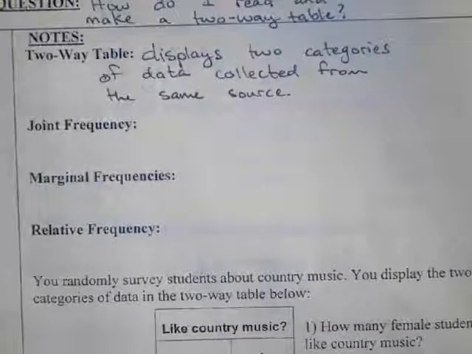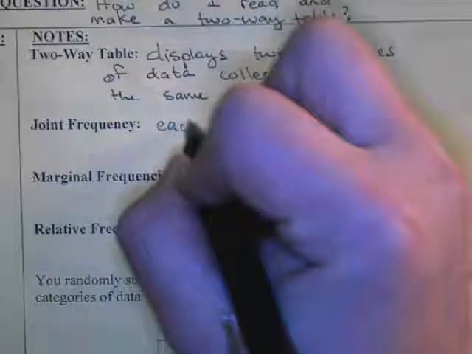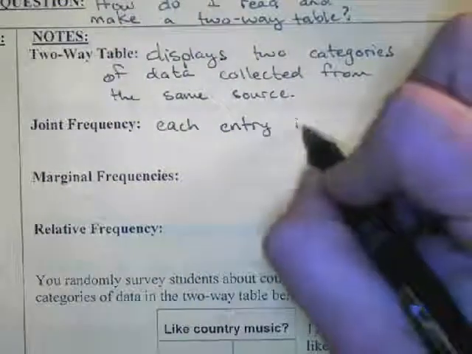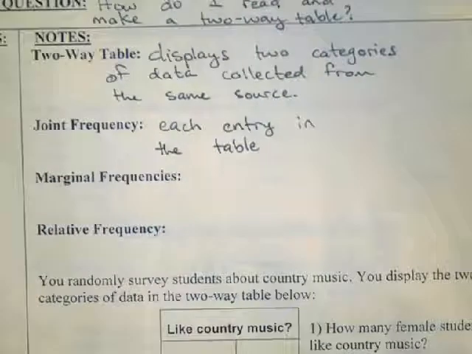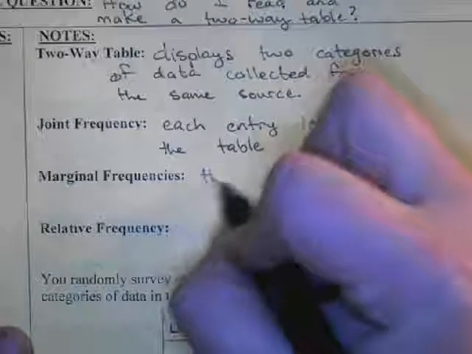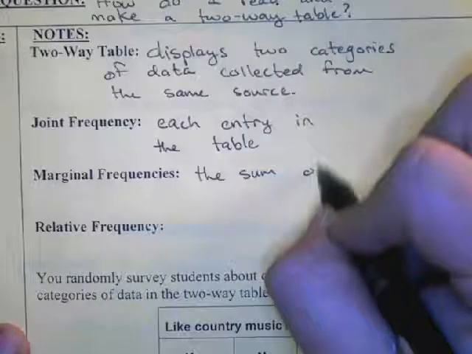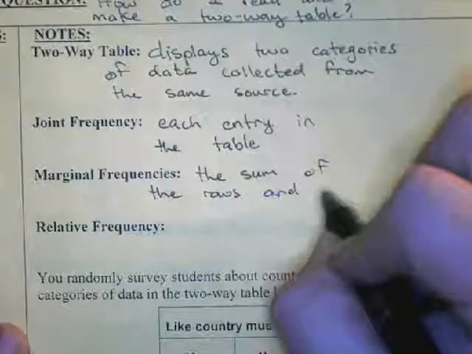So a joint frequency is each entry in the table. Marginal frequencies is the sum of the rows and columns.